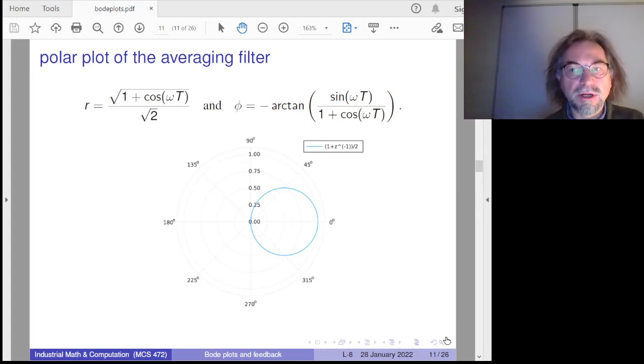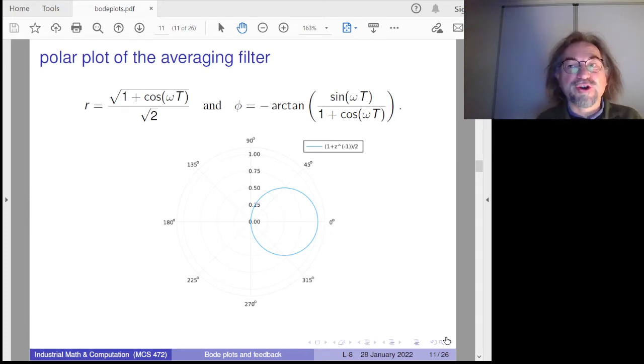The omega is 2 times pi times n, where n ranges from 0 to 1000. So we make this plot. We have an angle that varies, the phi, and a corresponding radius. The polar plot is represented here.